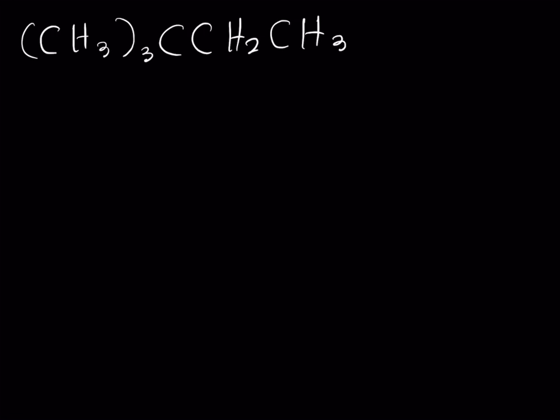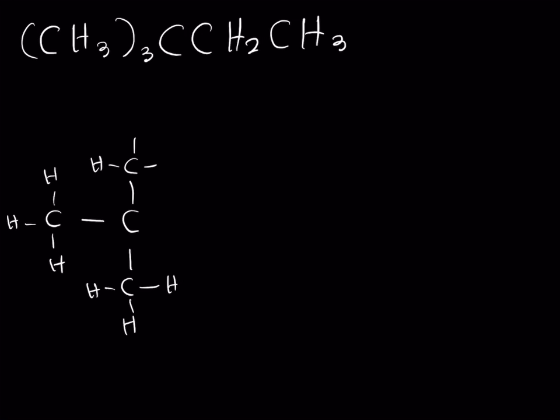So if we have CH3 3 times attached to a carbon, we're going to have the carbon, and then we're going to have 3 CH3s attached to it. Then we have a CH2, and then we have a CH3.